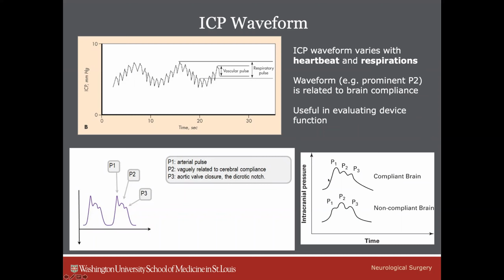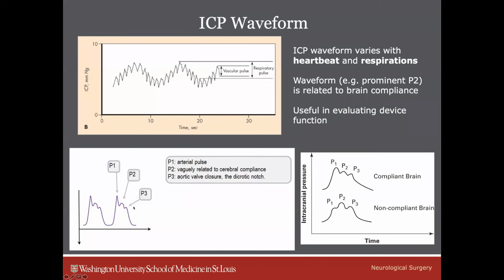When you look at ICPs, there's a distinct waveform to the ICP. It varies with your heartbeat and also varies with your breathing. The waveform itself has three components: the P1, or the highest peak, that's due to your arterial pulse, and the P2, nobody really knows why it happens, but it's used as a surrogate for measuring brain compliance.